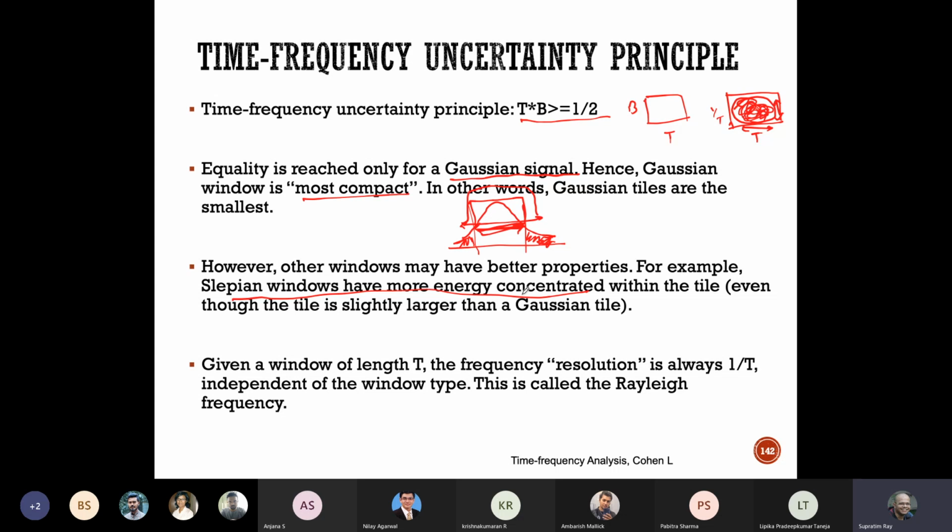It has a slightly bigger tile, but the energy is more compactly concentrated within the tile. In fact, if you had a set of functions which are all orthogonal to each other, and I need maximal spectral concentration within the tile, the Slepian window is going to do it. But it will be a slightly larger tile than a Gaussian tile.